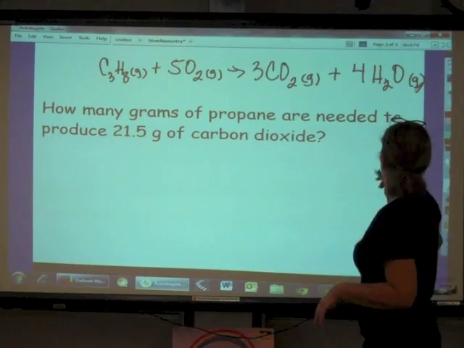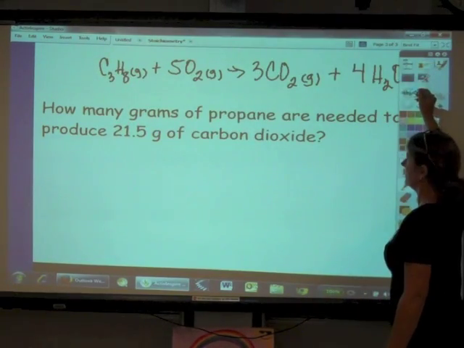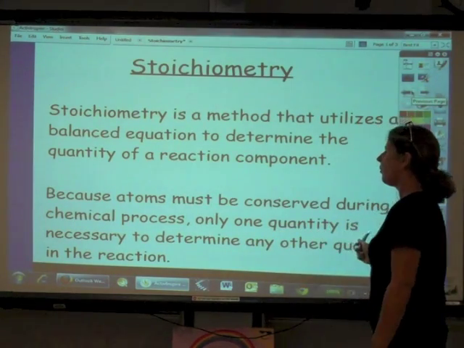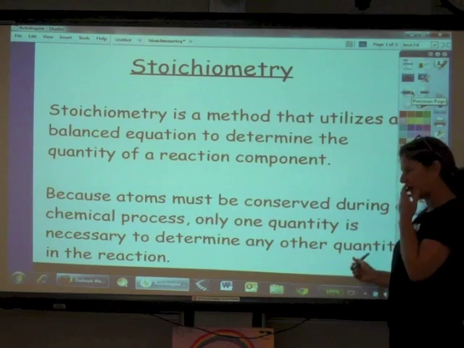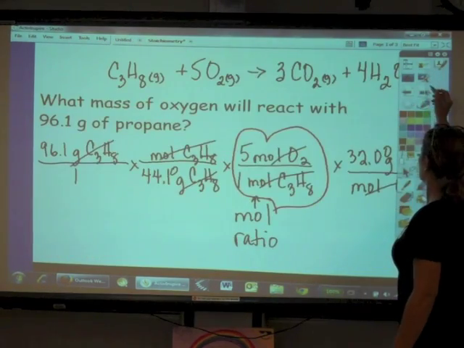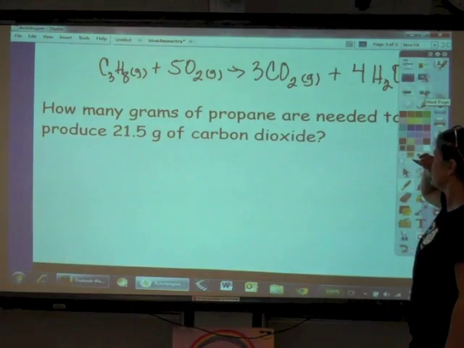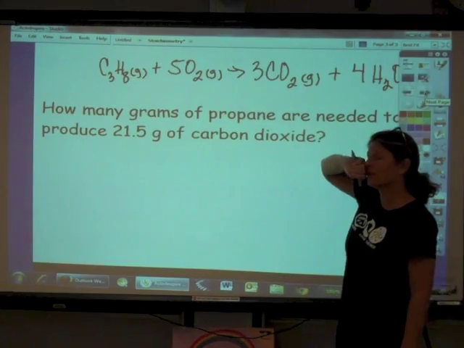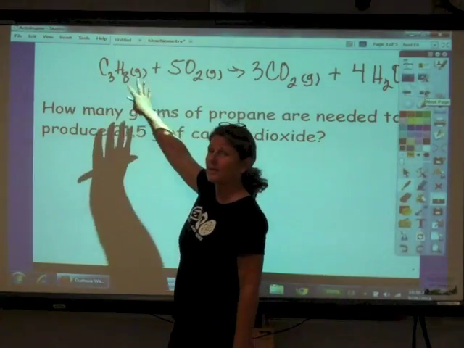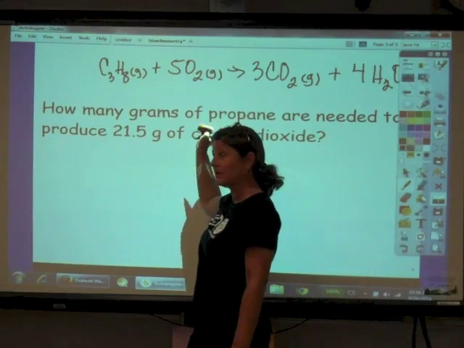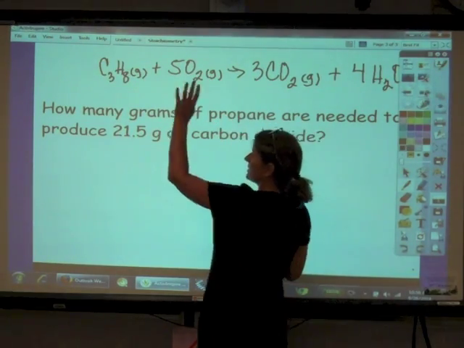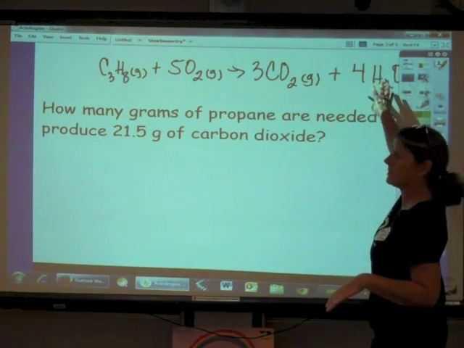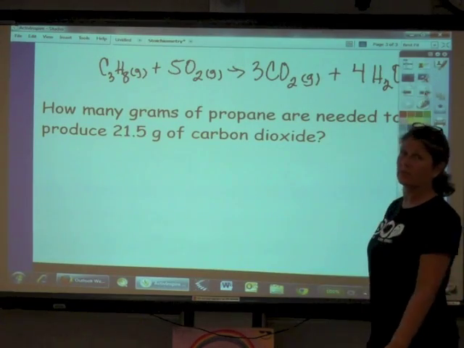Okay, so like we said at the very beginning, you really only need one quantity to determine any other quantity in the reaction. It doesn't matter if you are given the mass of a product, you can figure out the mass of either of the reactants that produced it, or given the mass of either one of the reactants, you can figure out the mass of either of the products that are formed.